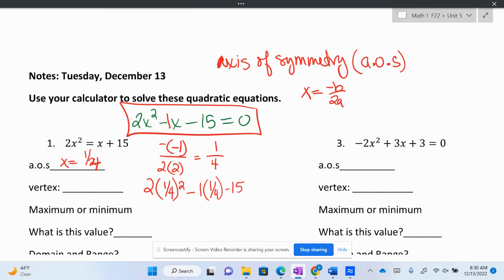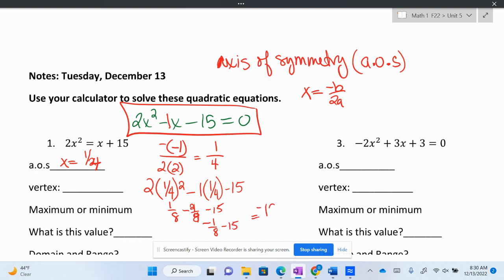Well, 1/4 times 1/4 is 1/16. 2 times 1/16 is 1/8. -1 times 1/4 is -1/4, and I'm going to rewrite that as -2/8, minus 15. So 1/8 minus 2/8 is -1/8, minus 15.